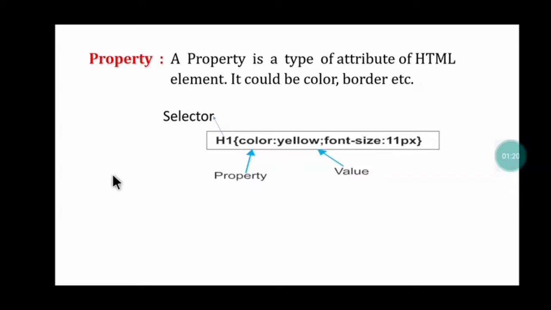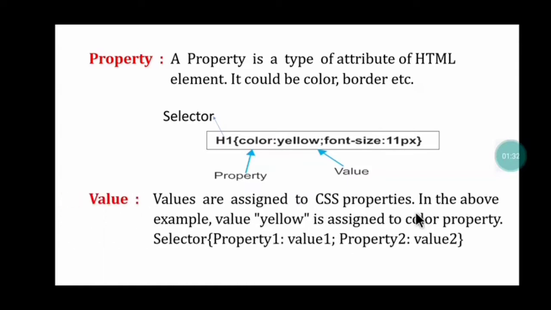In this example, I use H1 as the selector, and the declaration block is given. Color is a property, yellow is the value, and font size is also a property, and 11 pixel is the value. So values are assigned to the CSS properties. In this example we just saw that yellow is assigned to the color property, and the 11 pixel value is assigned to the font size property.